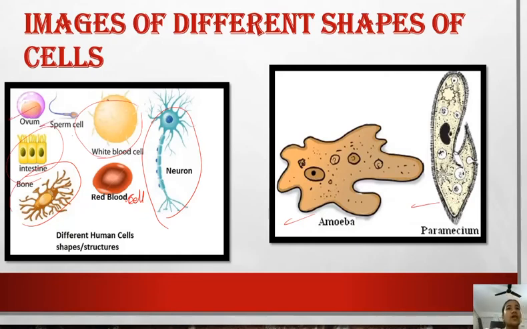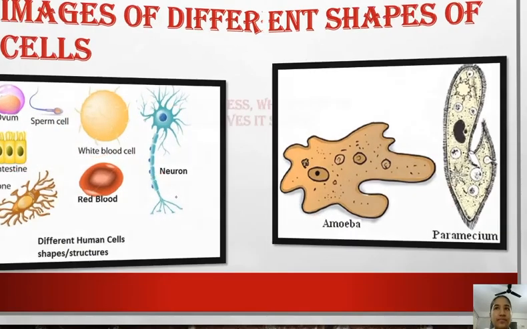I hope you all understood that each cell has its own shape, quite different from the other. In the human body also, for different organs or parts you can see different kinds of cells. I hope you understood till here.